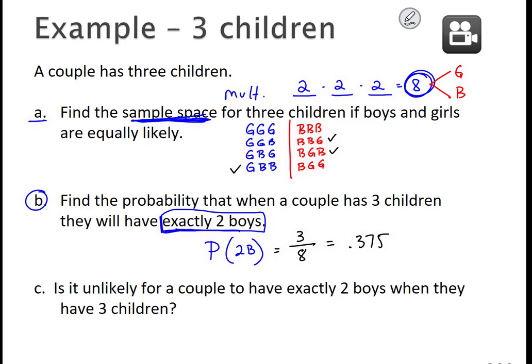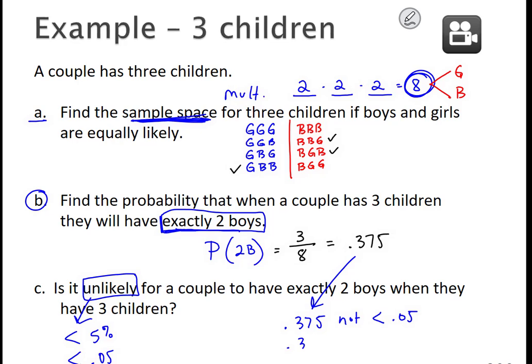And that's important because part C says, is it unlikely for a couple to have exactly 2 boys when they have 3 children? So is that example in part B an unlikely example? And you'll need to remember the definition for unlikely is that it is less than 5% chance, less than 0.05. And since we already turned our fraction into the decimal, we can obviously see that 0.375 is not less than 0.05.